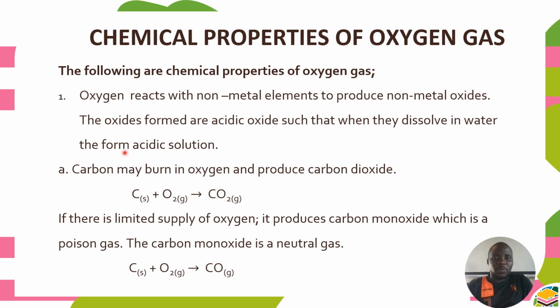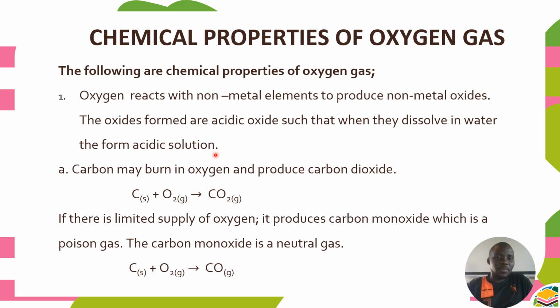Look at this chemical property. We are saying that it reacts with nonmetal elements to form a nonmetal oxide. This nonmetal oxide, formed between oxygen and a nonmetal, is an acidic oxide, such that when it dissolves in water, it forms an acidic solution.